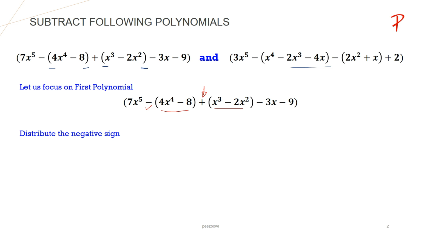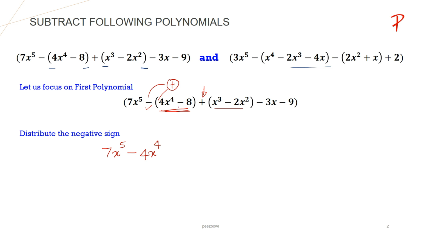I will write it down. Here we have 7x to the power 5, and in this particular bracket I have to distribute the negative sign, right? So here we have a minus sign, and before 4x to the power 4 there is a plus sign. So when minus is multiplied by plus we get a minus sign. Minus 4x to the power 4.